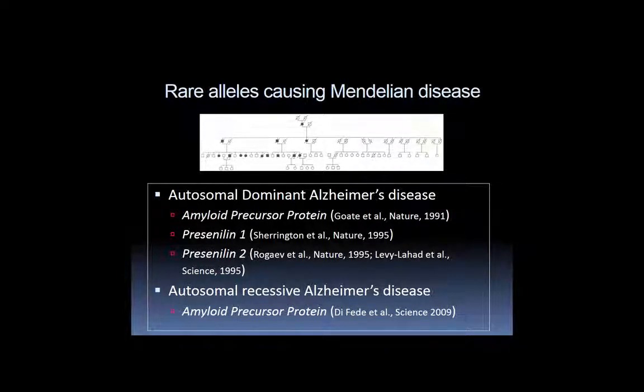This was Peter Hislop's group, Robin Sherrington, who reported the first mutations in presenilin 1 back in 1995. And this was really, I would say, a triumph of the Human Genome Project. When they found these mutations, they were kind of sneaky in the paper.